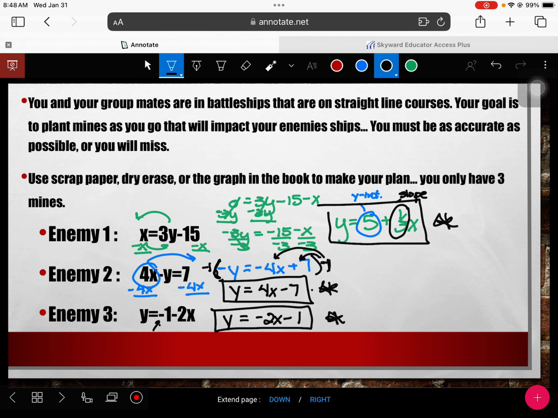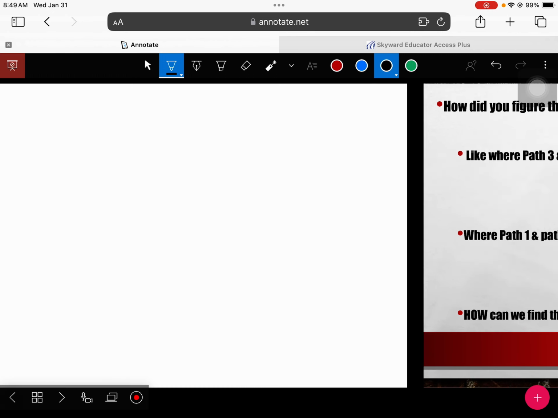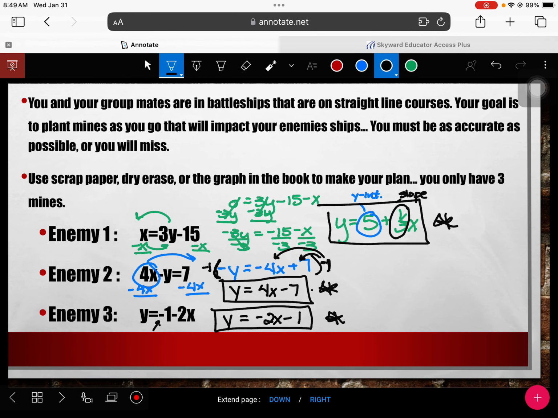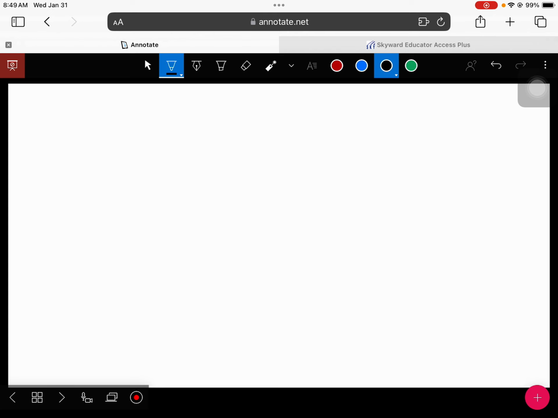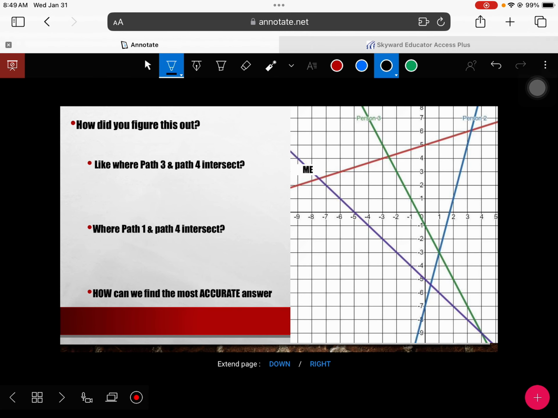Okay? Should look something like this. Do you need the equations again? Should look something like this. Maybe you want to take a picture and see what it's similar. And then if this is your route, where are you going to plant the bombs?